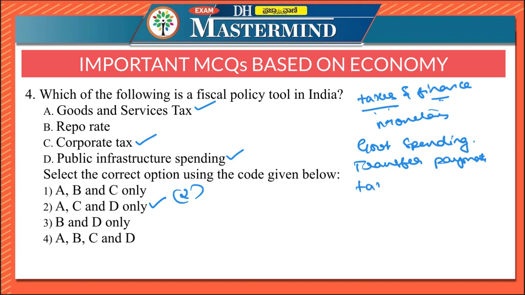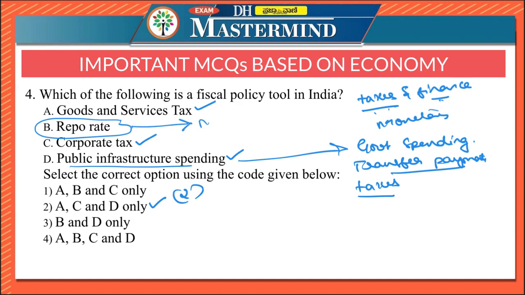And taxes here are goods and service tax and corporate tax, while transfer payments are concerned with subsidies and other freebies, whereas public infrastructure spending is concerned with the government spending. Repo rate is a monetary policy tool and it is determined by MPC, Monetary Policy Committee of RBI.